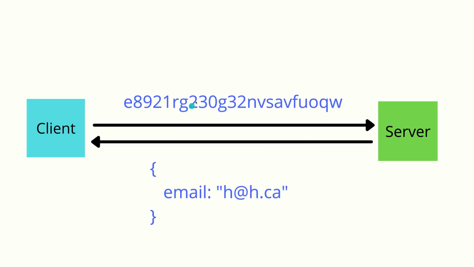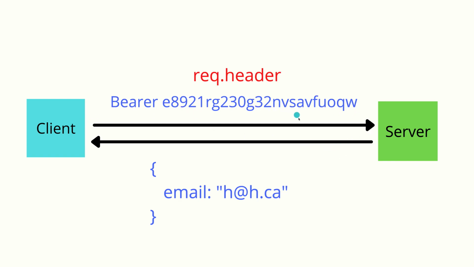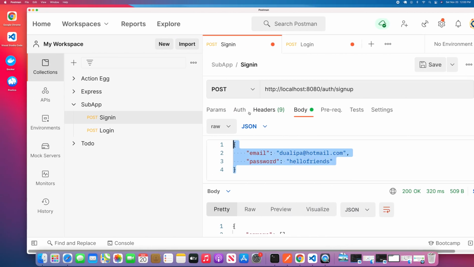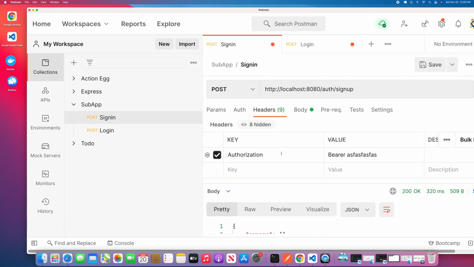So how are we going to send this instead? Well, there's multiple ways we can send data from the client to the server. It doesn't just have to be the body. The most common way of sending the token from the client to the server is by using the request header. So if we go all the way over here, we can see that we have this headers option, and it's actually a key value pair. So we can have a key of authorization and then a value of our token.